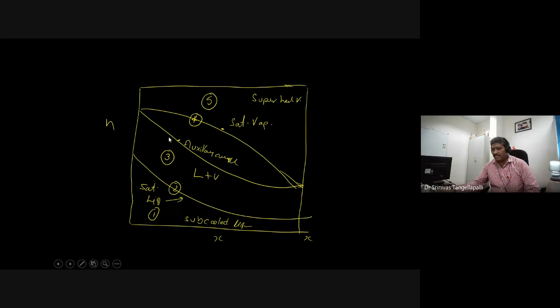In the temperature concentration chart, I showed only one loop, but here there is a gap between the saturated vapor and saturated liquid, because that gap shows the latent heat of evaporation. For example, x is equal to 0. What is x equal to 0? This is pure water. There are no ammonia traces. This is the latent heat, HFG, latent heat of water.